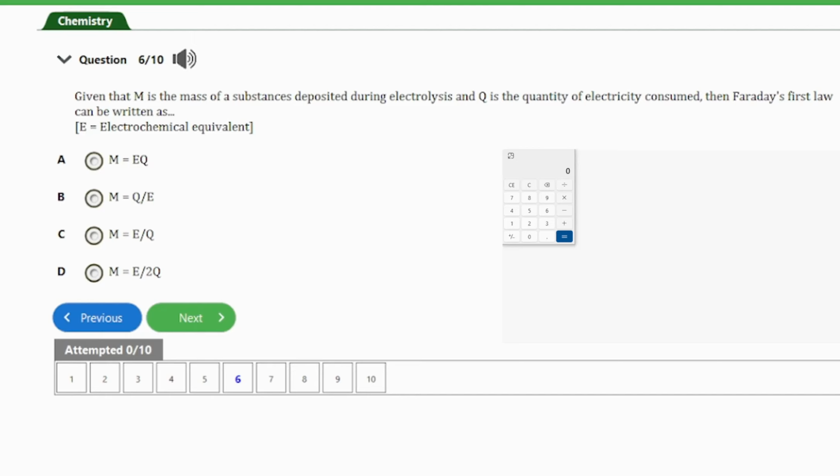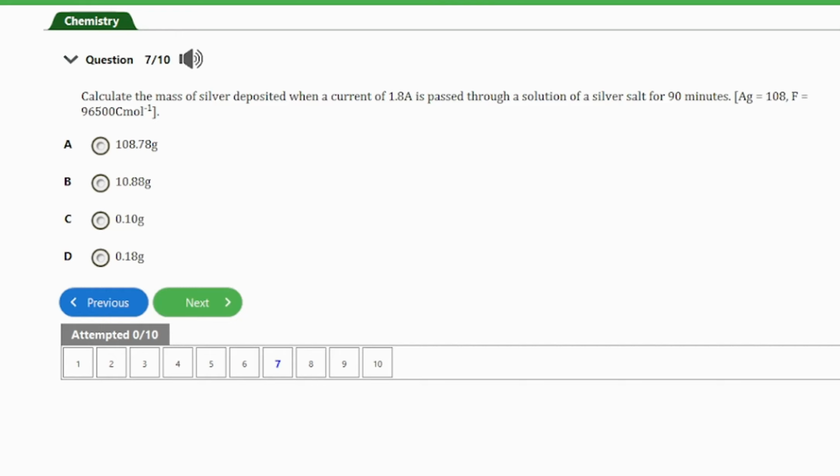So we are going to have A, M is equal to EQ, B, M is equal to QE, C, M is equal to E over Q, and then D, M is equal to E over 2Q. So guys, the answer to this question is going to be option A here, M is equal to EQ. So let's check out the next question. That's question number 7.